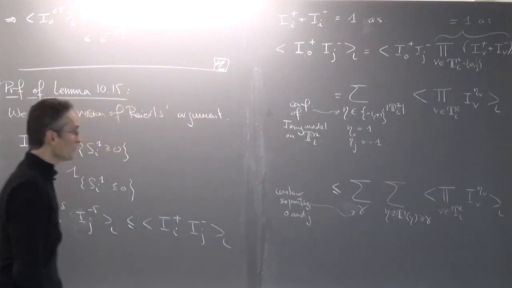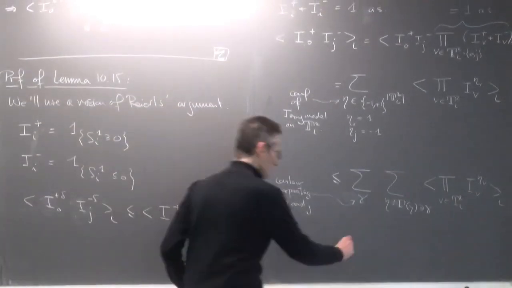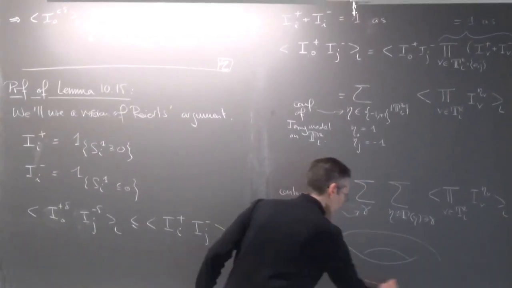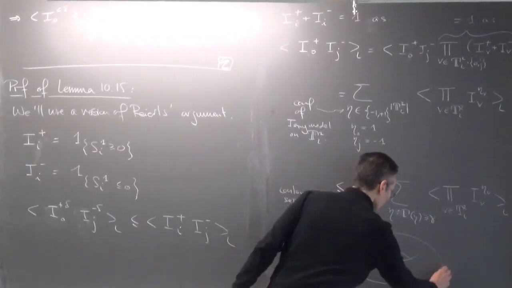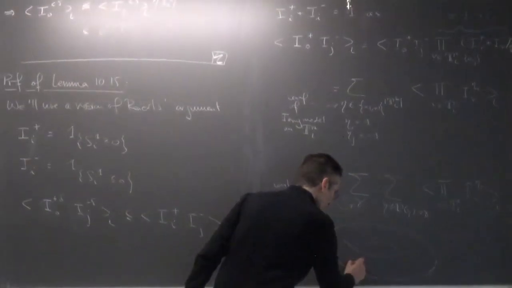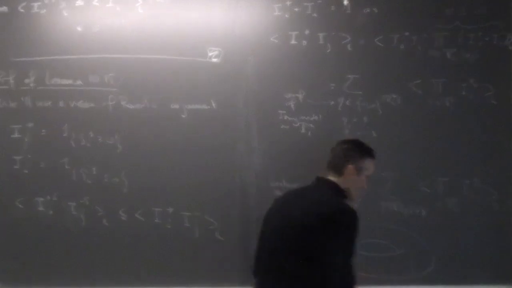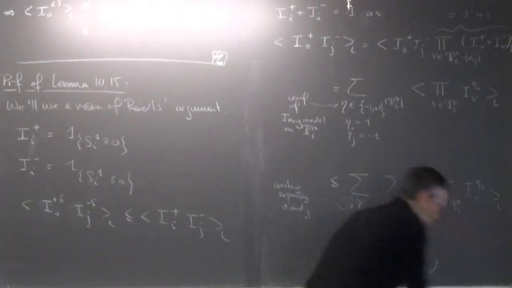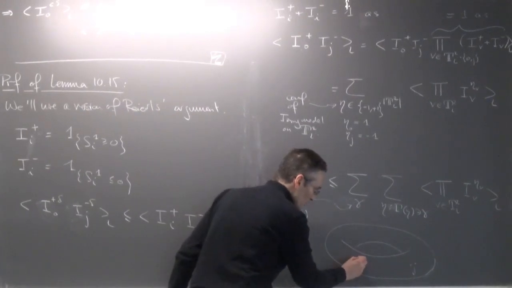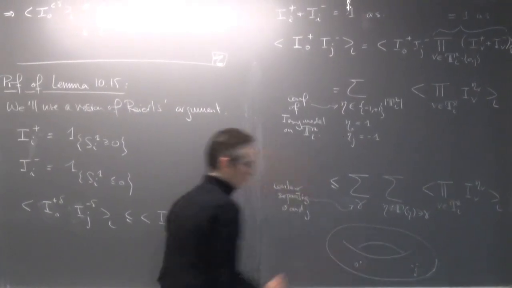Right? So what do I mean by separating? Let me maybe make the picture here. So on the torus, something like that. And we have 0 and j. And I claim that there are 3 types of contours to consider, actually really 2. One possibility is that I just have a contour surrounding 0.